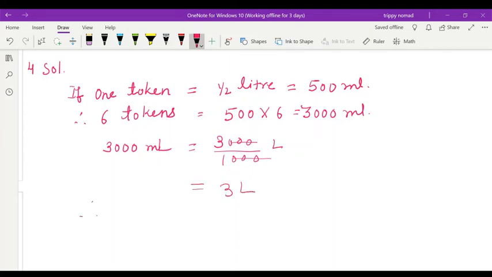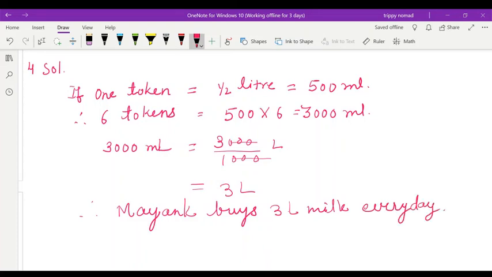Therefore, how much milk does Mayank buy every day? Answer: Mayank buys 3 liter milk every day.